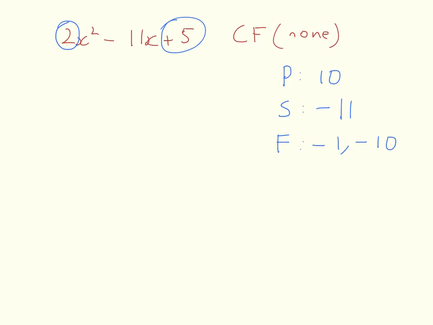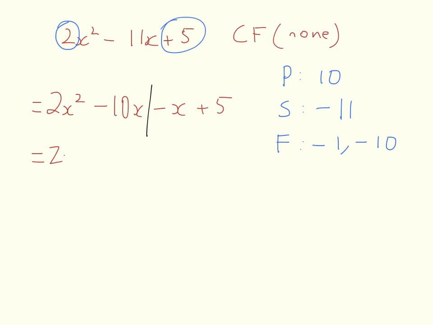So we go through that same process again where we're going to split up our middle term. 2x squared minus, and it really won't matter which order you put these in, it will end up the same, but I'm going to go minus 10x minus x plus 5. As I said, it will not matter what order you put those in, it will come out the same way. Now we split it down the middle and group them in pairs.